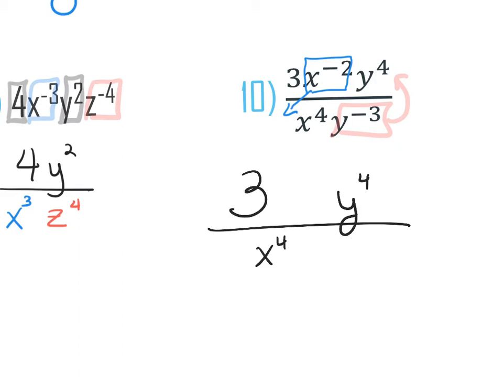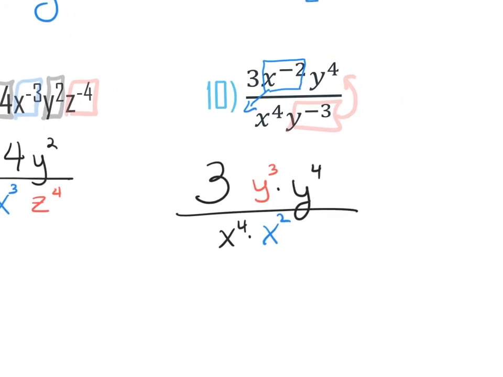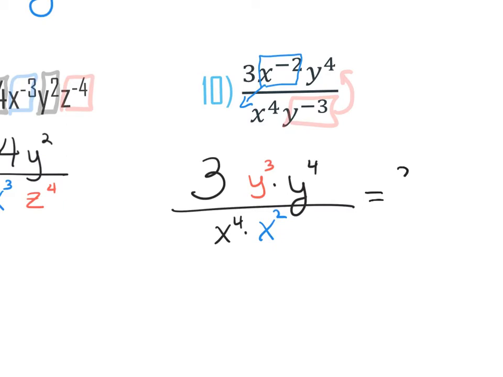So then what I could do is move the x to the negative 2 to the bottom and move the y to the negative 3 to the top. Now remember, this is like last night's homework. When you multiply, you add the exponents. So this would become 3, and then add those, and then add these, and that's one method to do it.